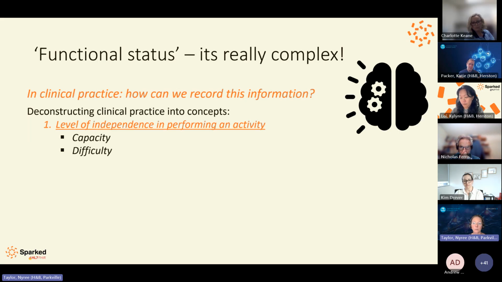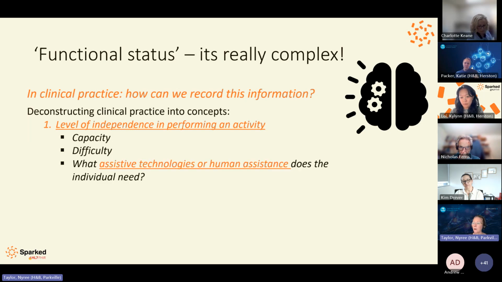It can also include the degree of difficulty or the difficulty experienced by the individual to perform the activity as assessed at their capacity. And it also might extend to include things like assistive technologies or human assistance that the individual might need to be able to perform that activity appropriately or adequately.